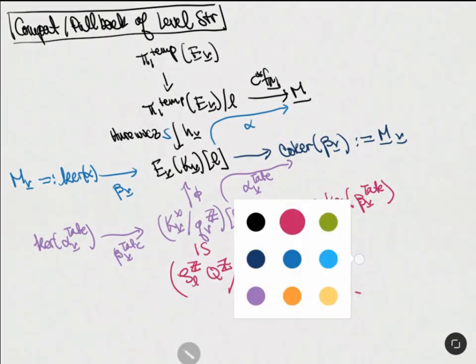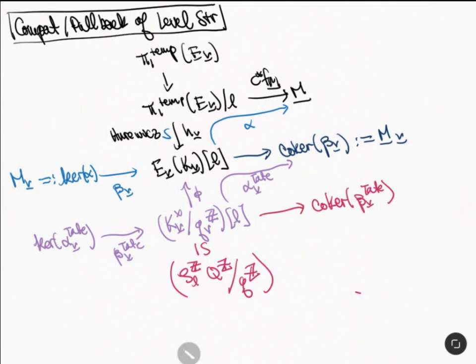But we have this kind of description now, and this thing has a kind of canonical generator given by Q. So this gives a comparison with the local global sequence, right?